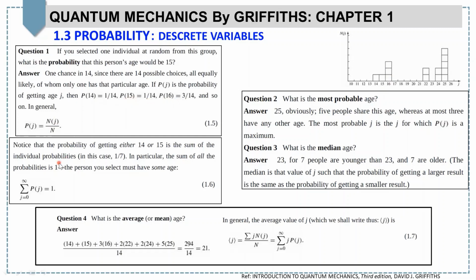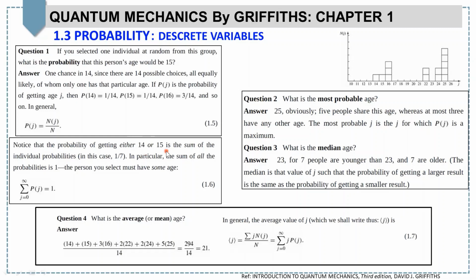Now, if someone asks what is the probability of getting either 14 or 15? It means we are going to select one person out of 14 people. What is the probability that the person we select has age 14 or 15?